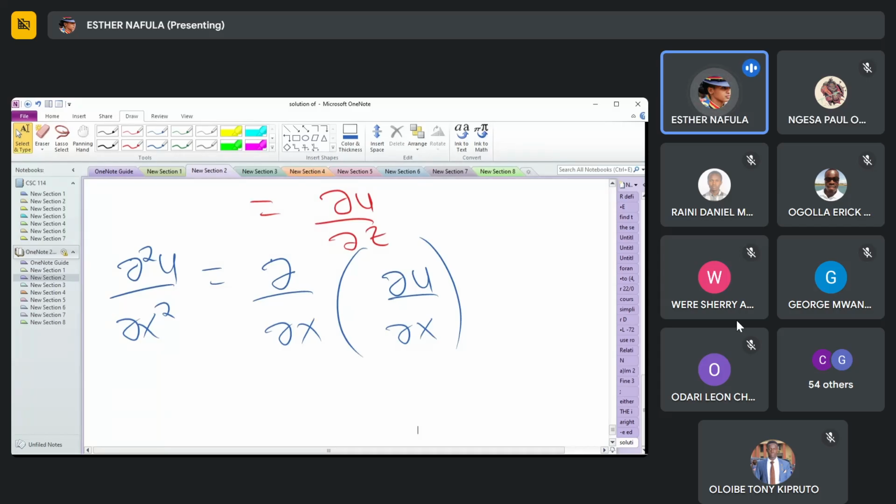So you go straight to partial squared u partial x squared. Same thing to partial squared u partial y squared. Set it equal to the partial derivative with respect to y of partial u partial y. Go to partial squared u partial z squared. Set it equal to the partial derivative with respect to z of the first partial derivative of u with respect to z. Then add the 3.